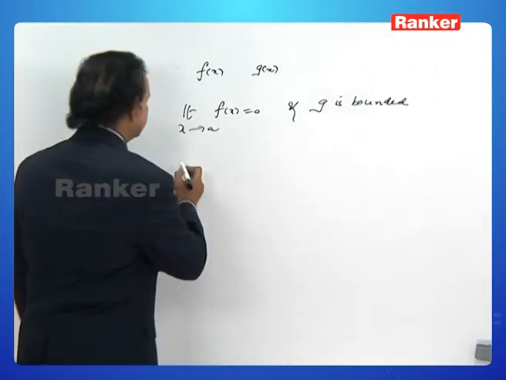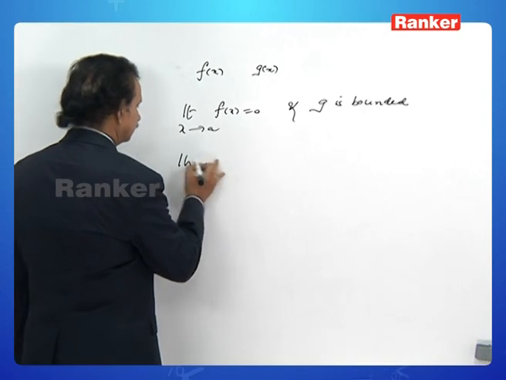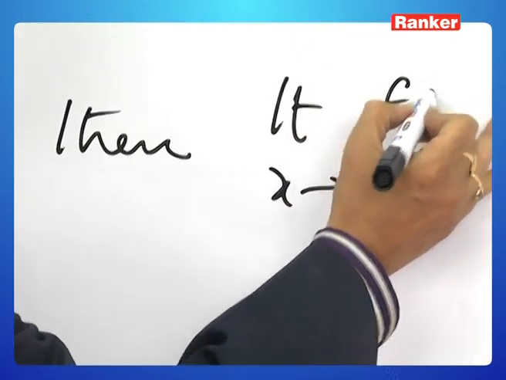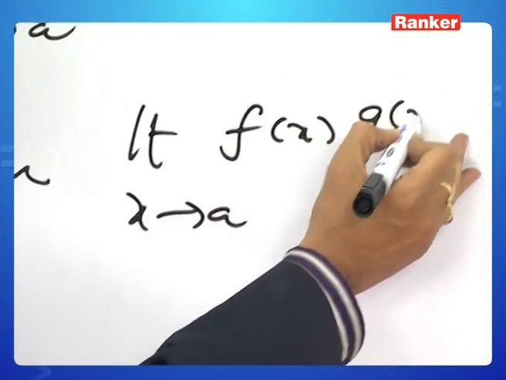Then the product, limit as x tends to a of f of x into g of x, is equal to 0.